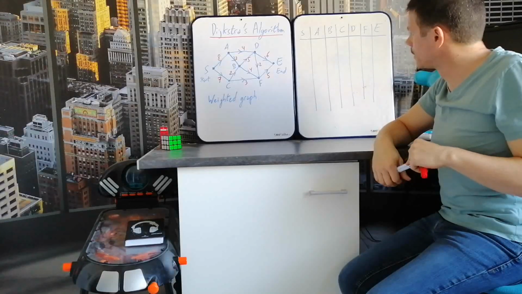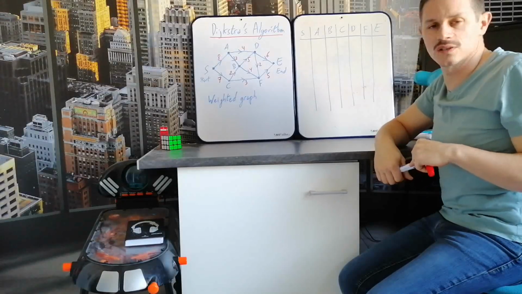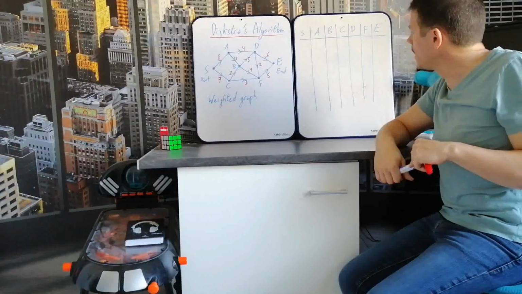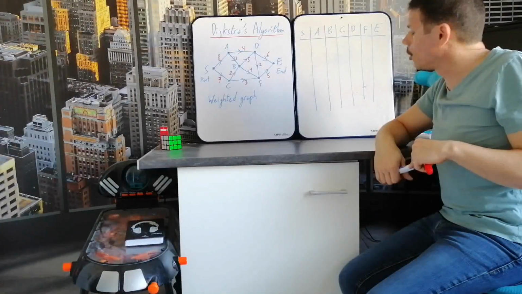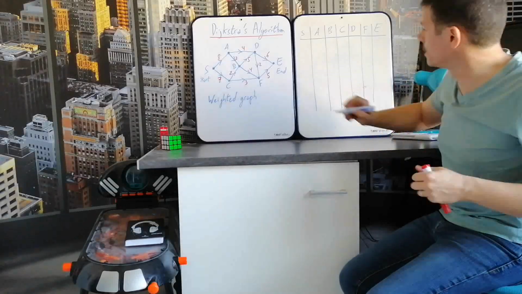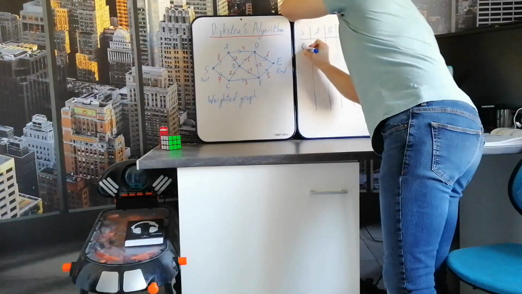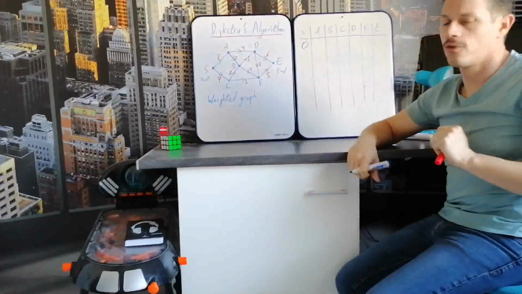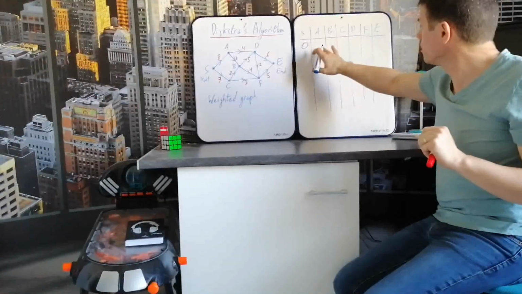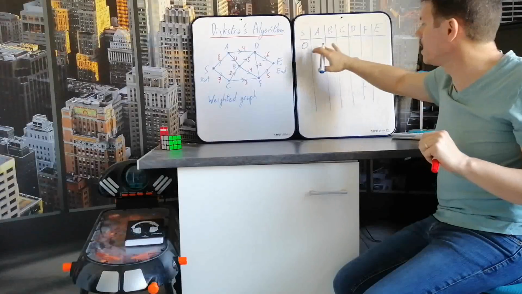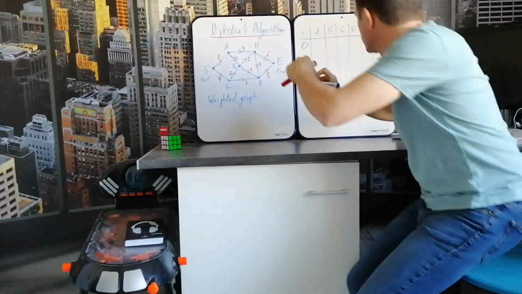Dijkstra's algorithm starts with a special number in each column. You always start with a 0 for the starting vertex, and you will use the symbol of infinity for every other vertex here.